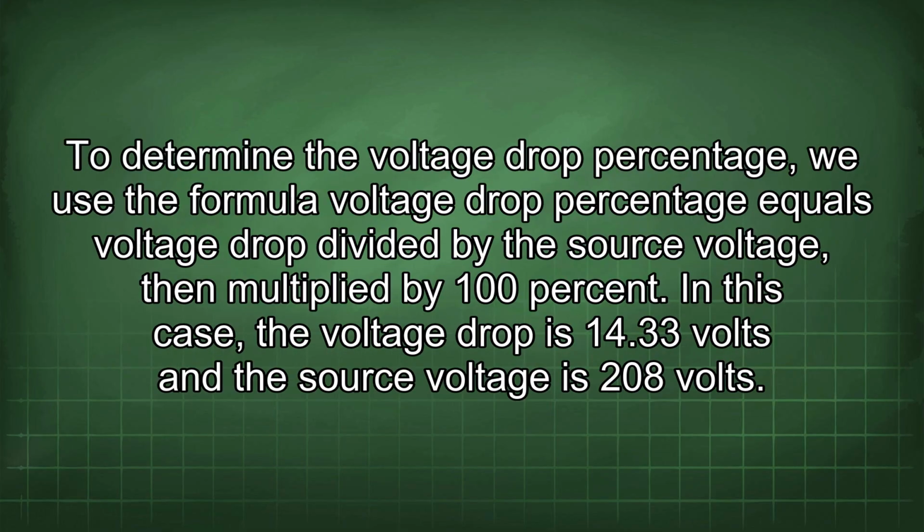To determine the voltage drop percentage, we use the formula voltage drop percentage equals voltage drop divided by the source voltage, then multiplied by 100%. In this case, the voltage drop is 14.33 volts and the source voltage is 208 volts.